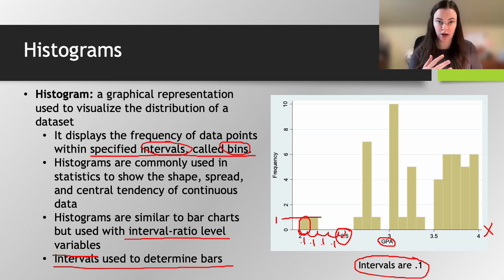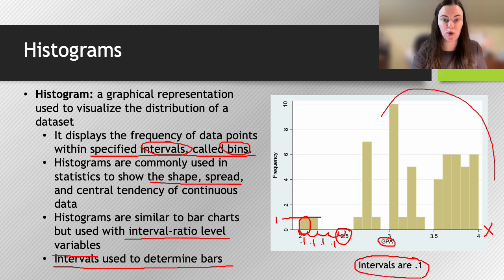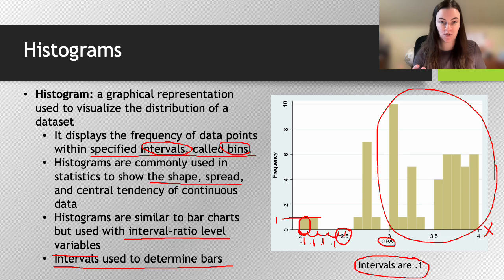In terms of histograms overall, in showing us continuous data, the shape and the spread, one thing that I can visually recognize right away within this particular graph is that most people have higher than a 2.0 GPA. We have clustering here on the right side of our graph, which indicates to me that a majority of the students I surveyed have higher than a 3.0 GPA.